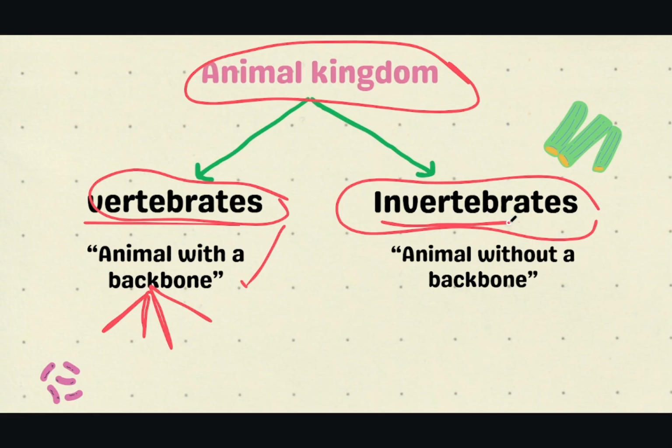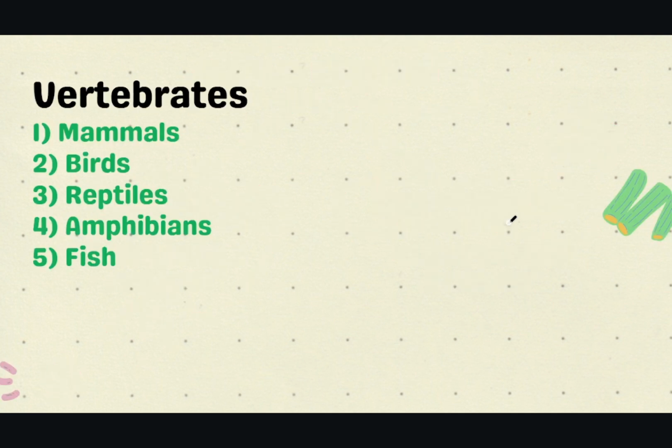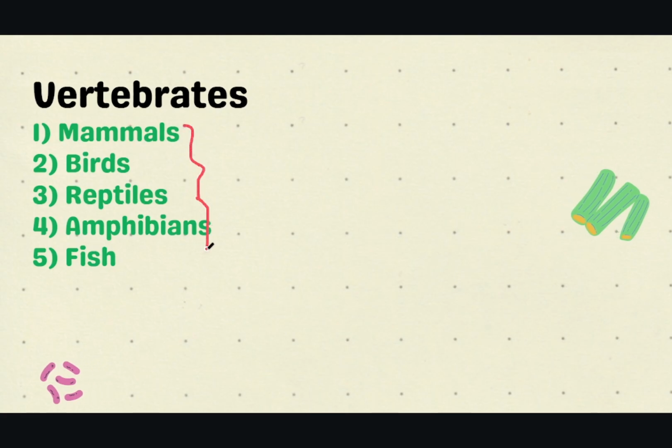So far animals have been divided into two groups, vertebrates and invertebrates, and now we're going to go over what vertebrates are. As I already told you, we have classified vertebrates into five main classes. Just like in the previous lecture, it was memory based.